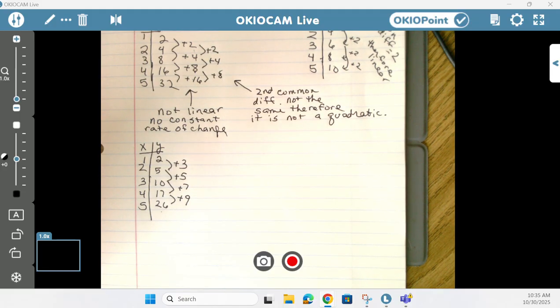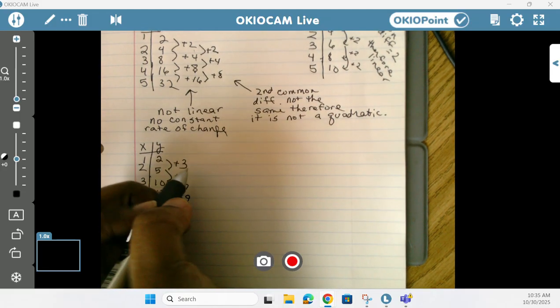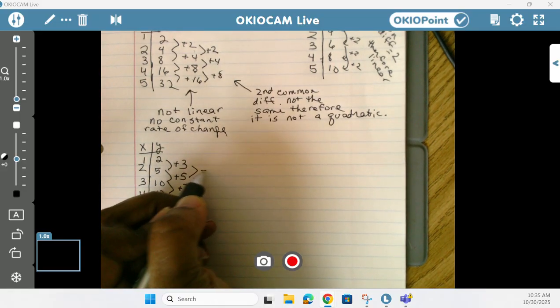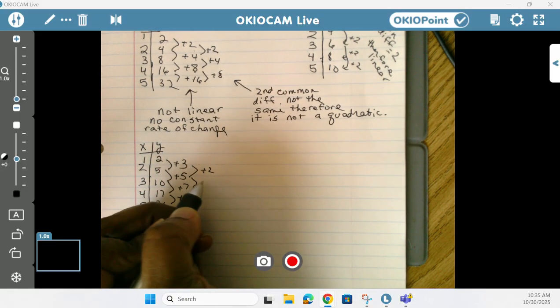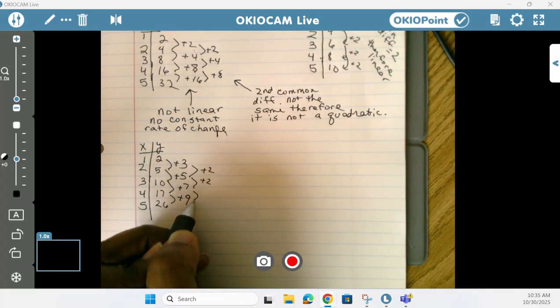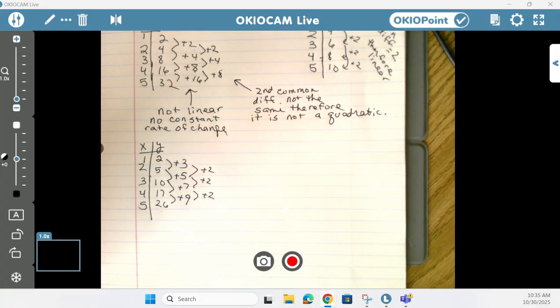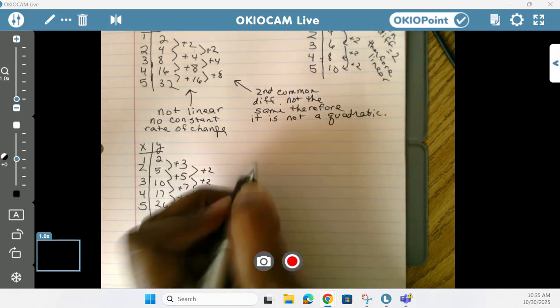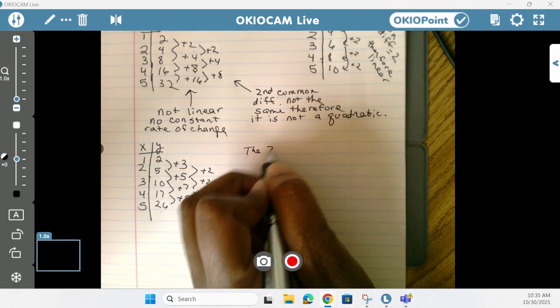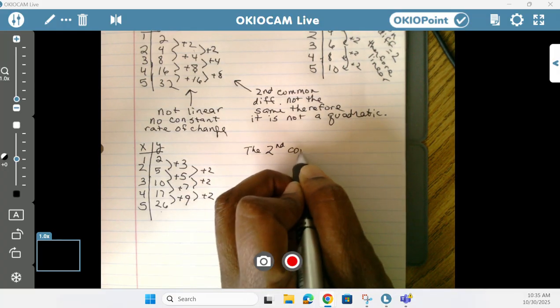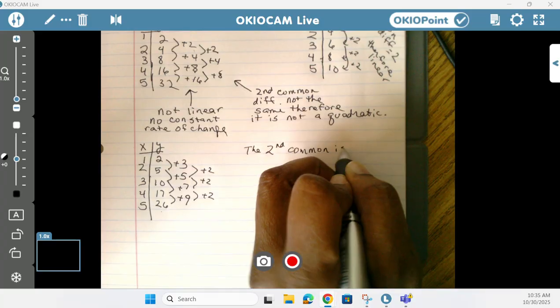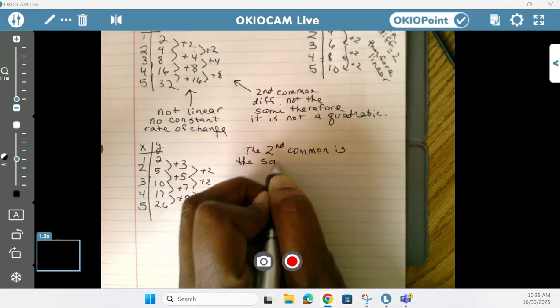Okay. All right, now the second common difference: add 2 to get from here, add 2 to get from here, add 2 to get from here. Y'all see that? Okay. The second common difference is the same.